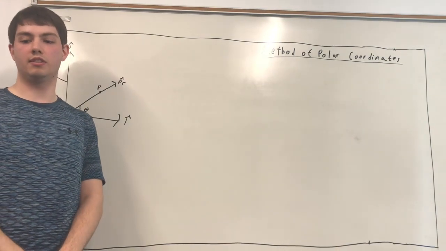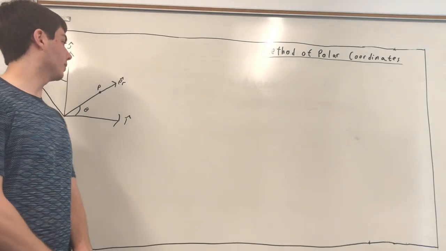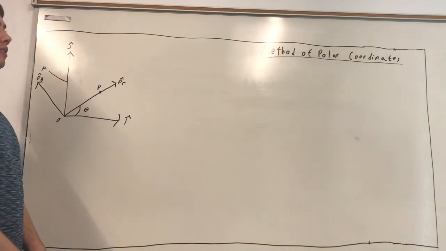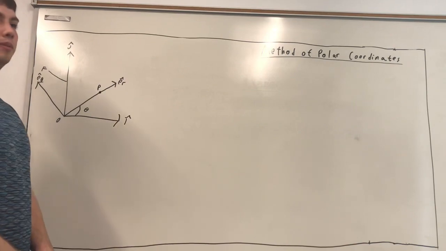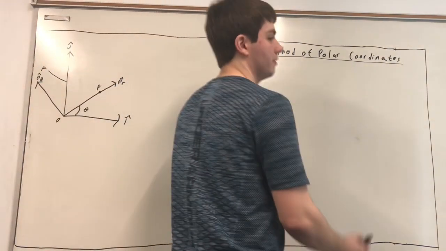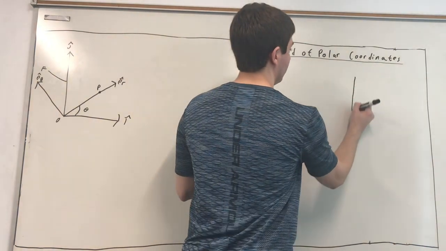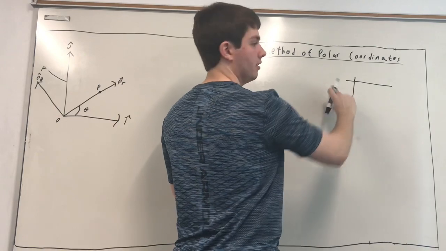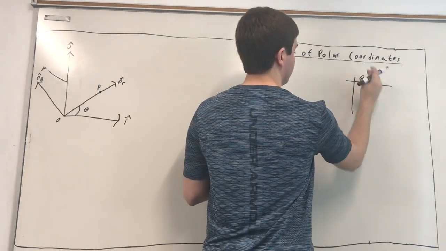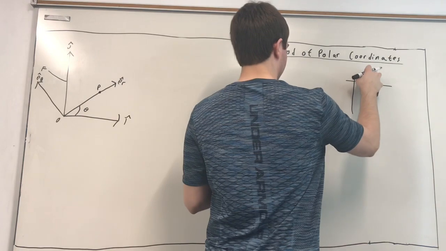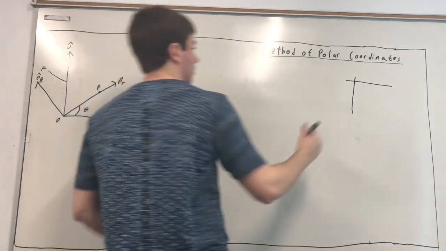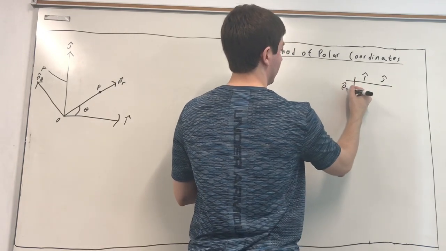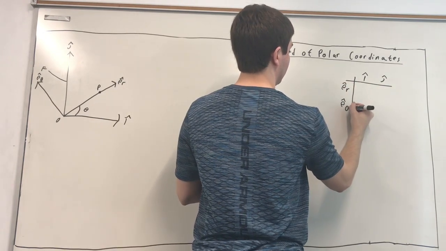So to start, I'm going to draw some transformation tables because I think they're helpful and I think they'll help you as well. So for the transformation table, you put what you have to what you want. So you have i hat, j hat, you want e hat r, e hat theta.